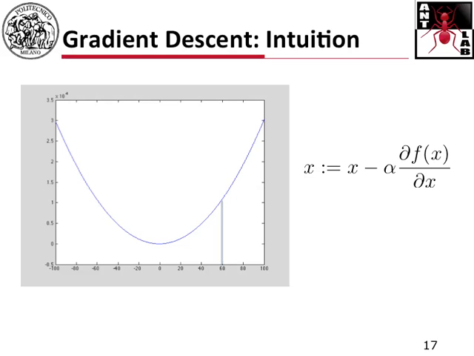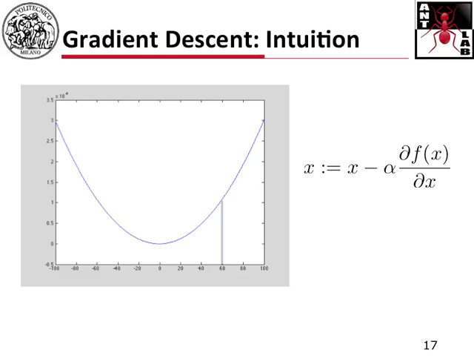Questions? For example, if we choose alpha so large, then we oscillate and we don't converge. That's true. What he's saying is that alpha may also have an impact on convergence, in the sense that if you choose it too large, it may happen that, for example, you are here, the partial derivative is positive, so you have to decrease your x, but if alpha is too large, you may jump here.